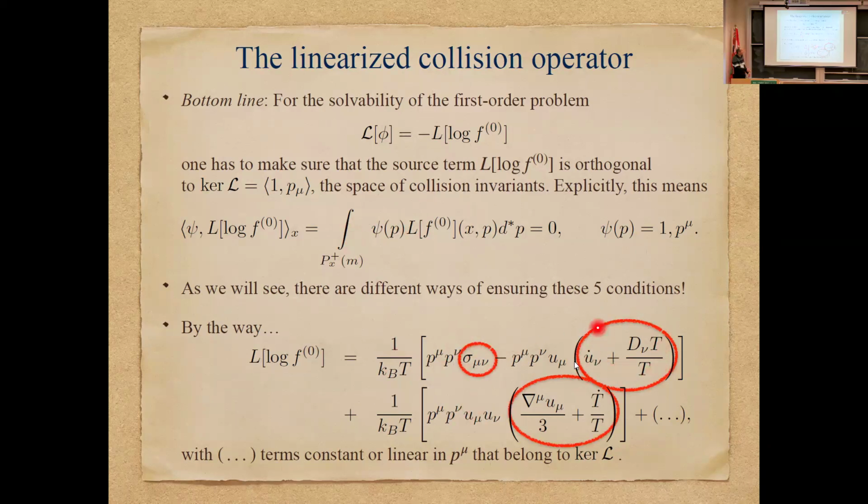And then you have this combination between the acceleration and the gradient of T. Remember, for global equilibrium, this was 0. This was also 0, actually. And then you have here the expansion over 3 plus T dot over T. So these combinations will appear later in the course today.